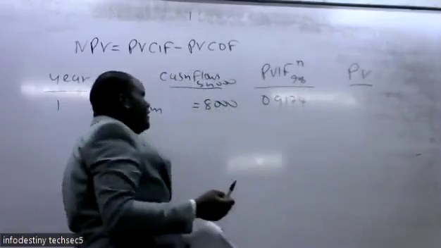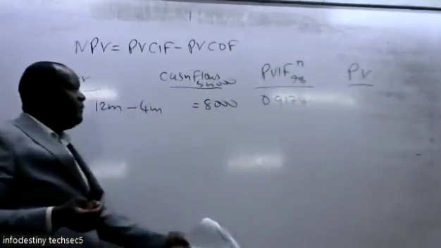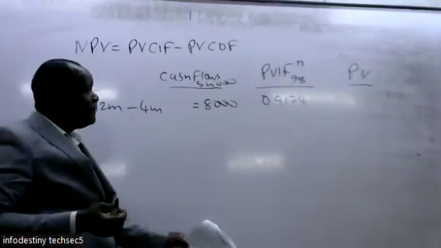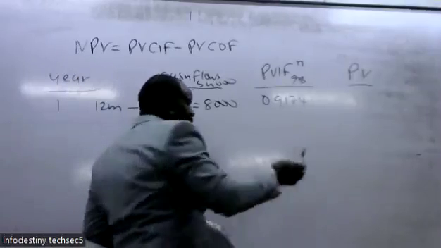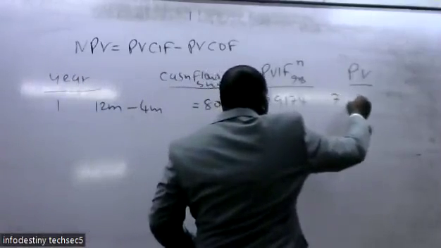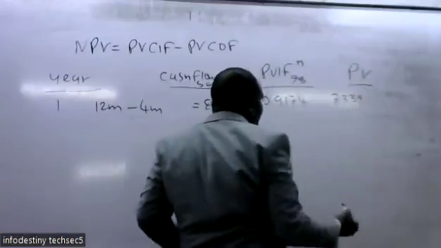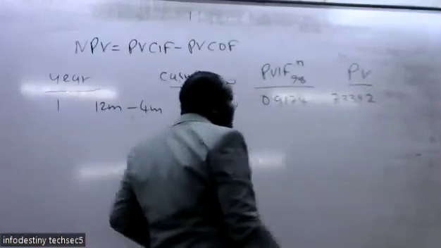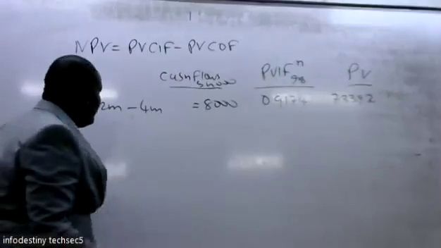When you multiply 8,000 by 0.9174, it gives you 7,339.2. That is now for year 1.